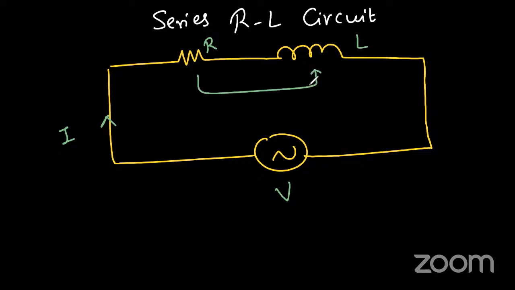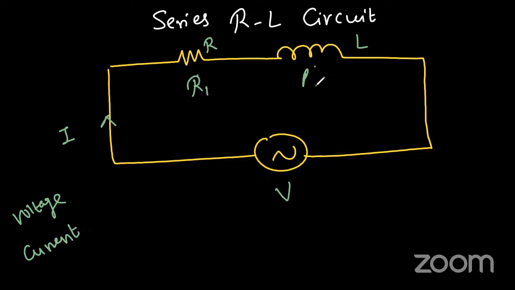Now just tell me, this one is a series network. Two components are connected. So which quantity is the same, voltage or current? Which quantity is different? Like we have resistor 1, resistor 2, both connected in series. So what is the same in them? Is voltage the same or current the same? Like that we have two separate components, resistor and inductor.